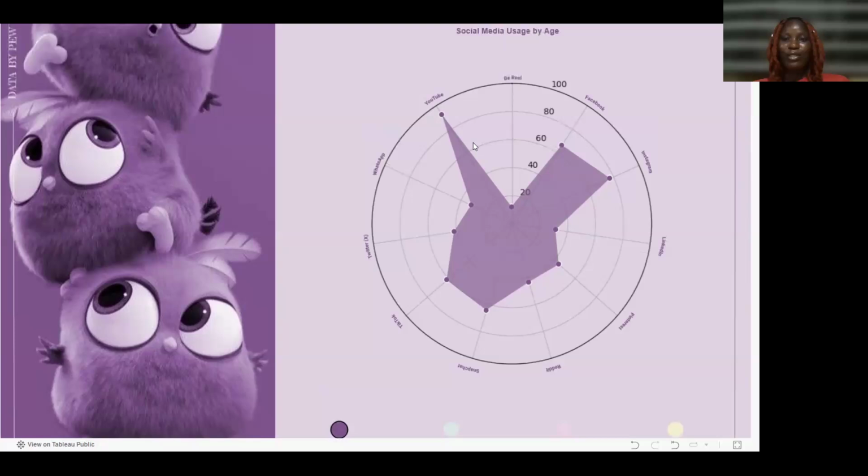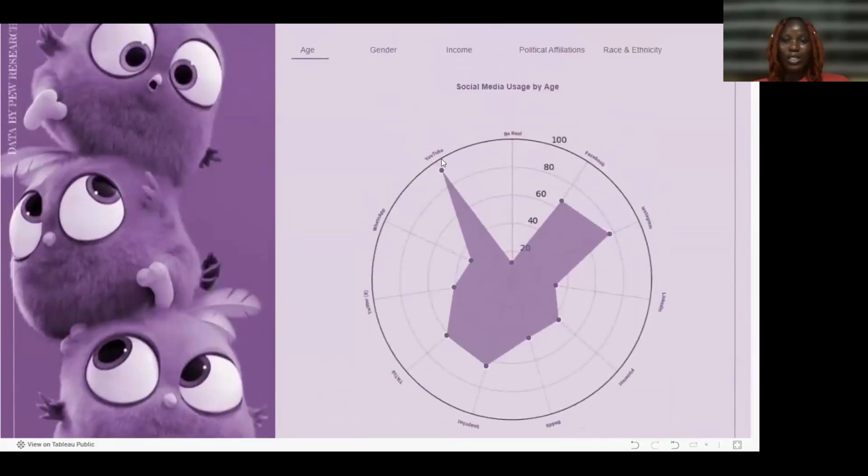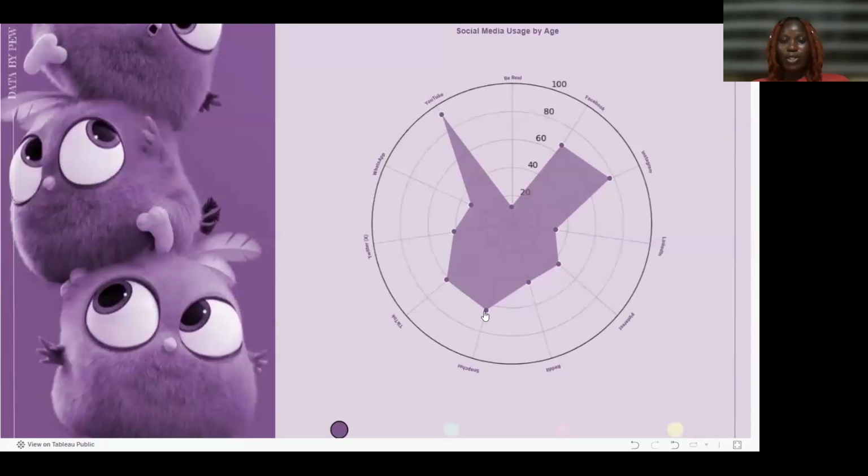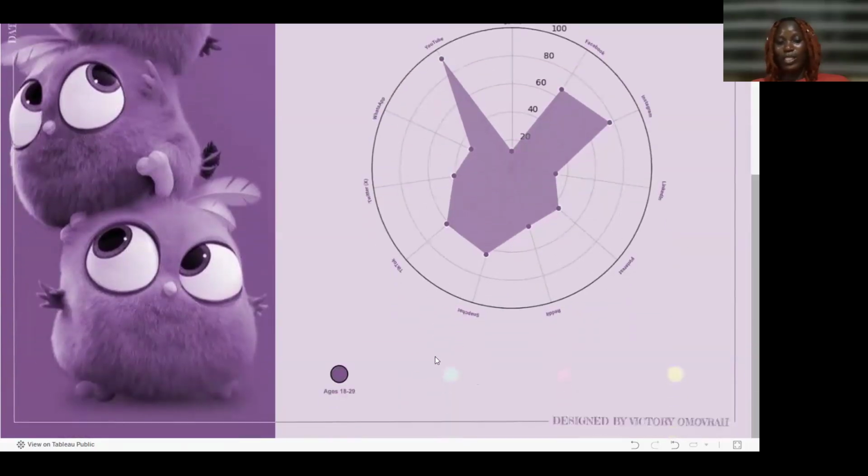From there, I could see that people between ages 18 to 29 are more active on YouTube, then on Instagram, on Facebook, then on Snapchat and TikTok, and they are less on WhatsApp, Twitter, Pinterest, and LinkedIn. So that's for ages 18 to 29.